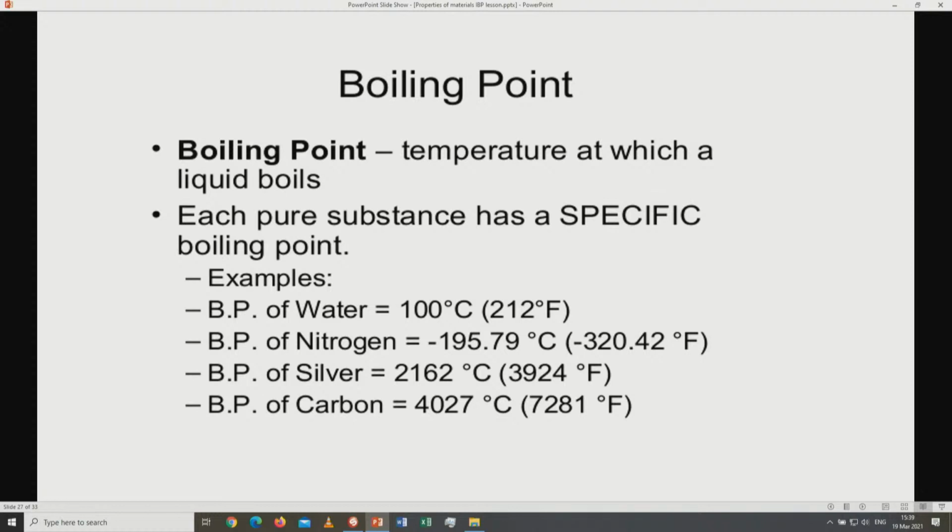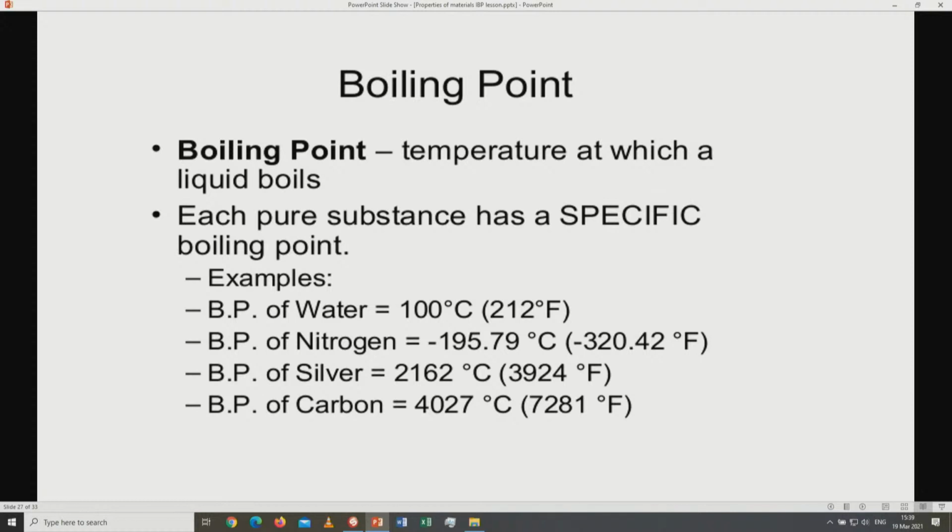Now the boiling point is the temperature at which water, nitrogen, silver, or carbon turns from a liquid to a gas. Each of the following substances has specific boiling points.